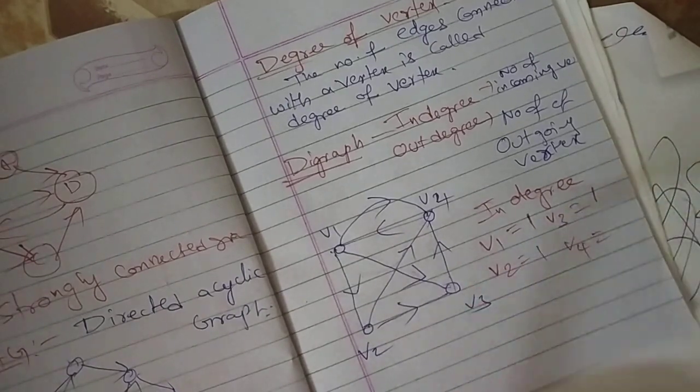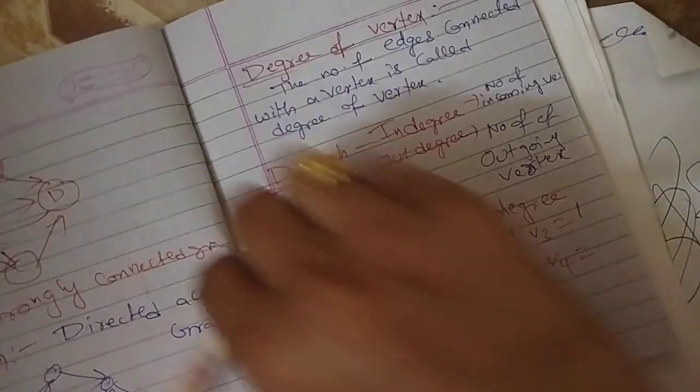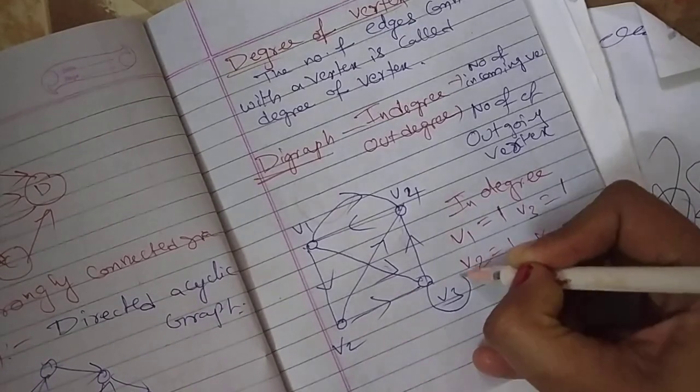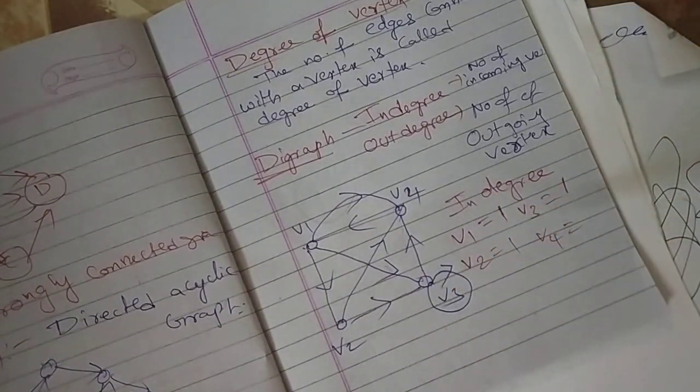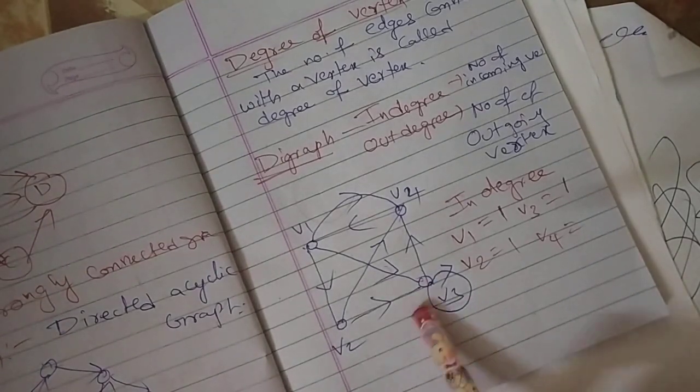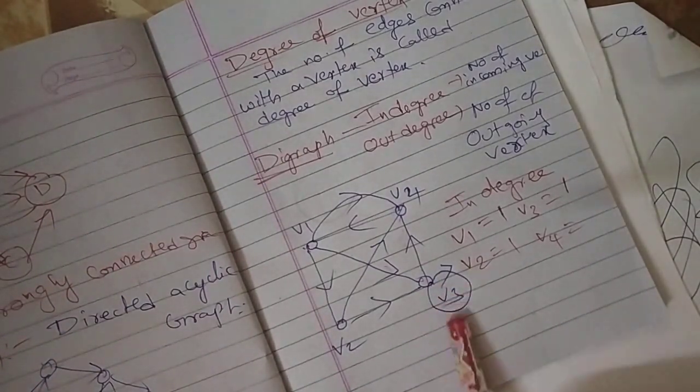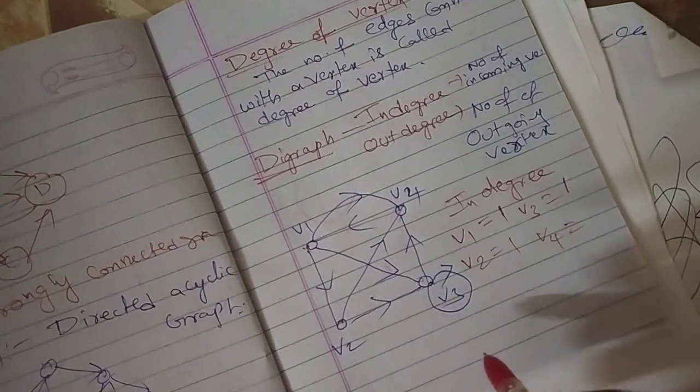Okay, I want to add some loop here so that in future you don't get confused. Now you tell me. See this. Whenever there is a self loop, the total degree is 2. Why?